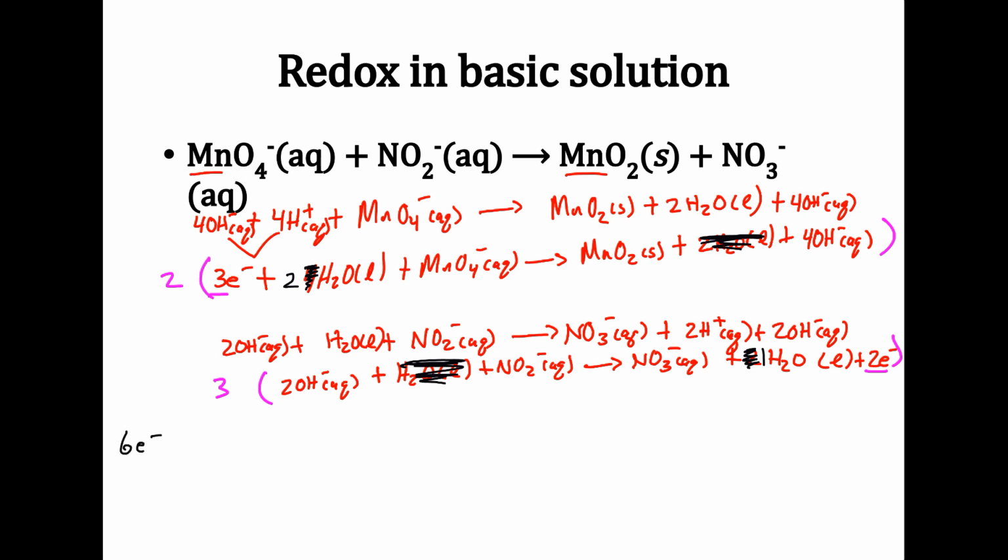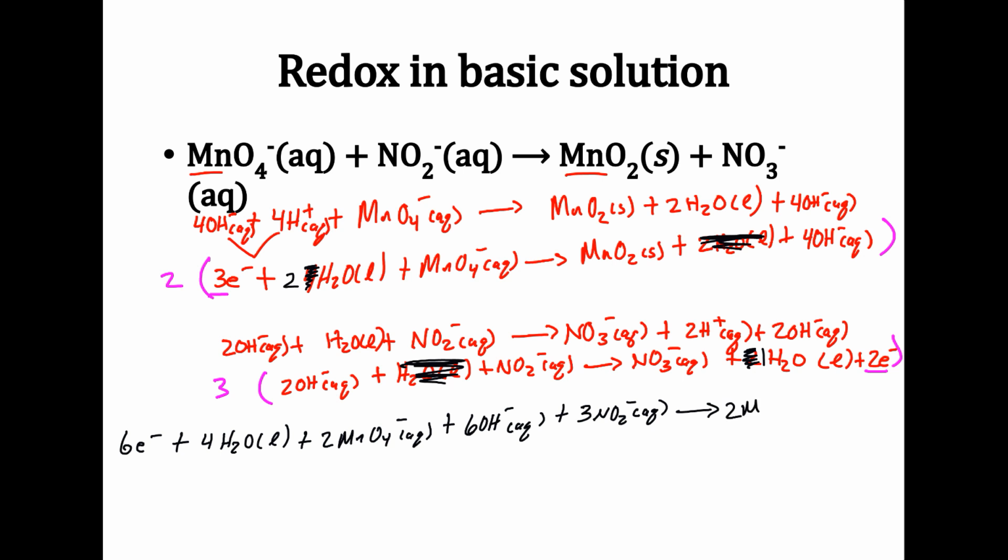Okay, so we're starting with this top reaction, plus 4H2O, plus 2MnO4 minus, plus 6OH minus, plus 3NO2 minus, yields 2MnO2 plus 8 hydroxides.